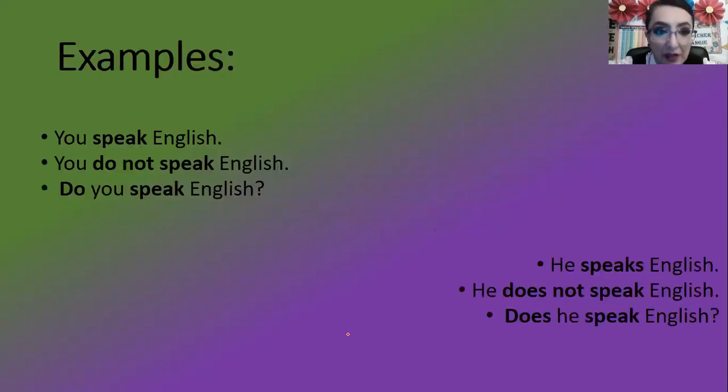So here we go. As you can see, we have some examples. You speak English, you do not speak English. Do you speak English? Or he speaks English, he does not speak English, does he speak English? Those are examples of simple present, okay? But as I was telling you, did you see something strange in there?